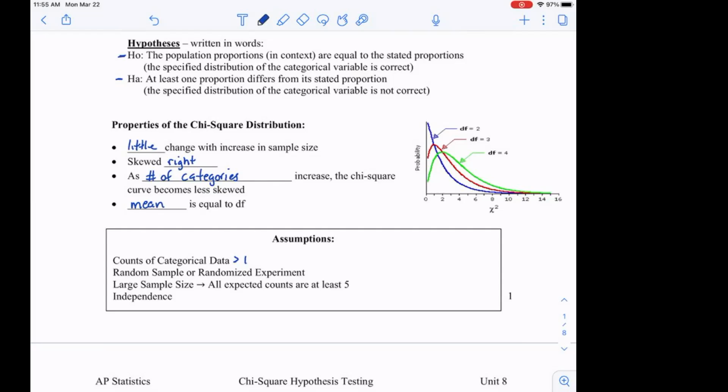Large sample size: all expected counts are at least 5, in other words, greater than or equal to 5. And independence still remains the same: my sample size has to be less than or equal to 10% of n.